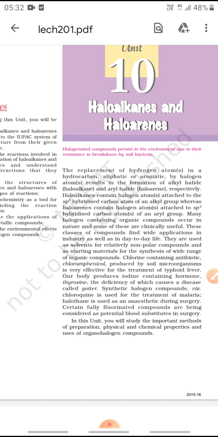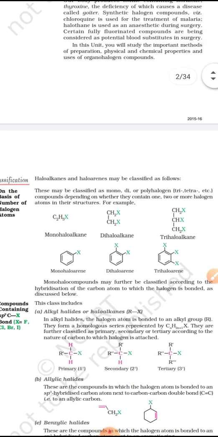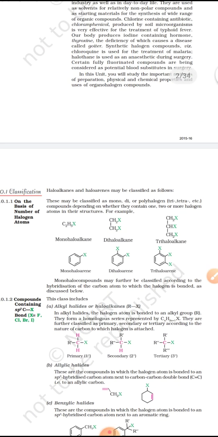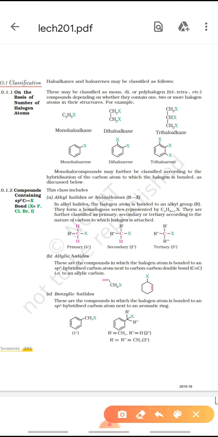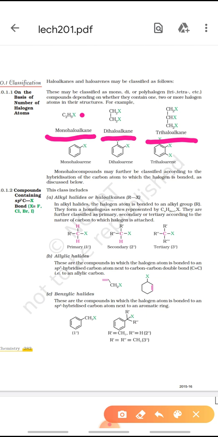Now children, coming to the classification of haloalkanes and haloarenes. Haloalkanes can be monohaloalkanes, dihaloalkanes or trihaloalkanes. Mono means when one halogen is present.